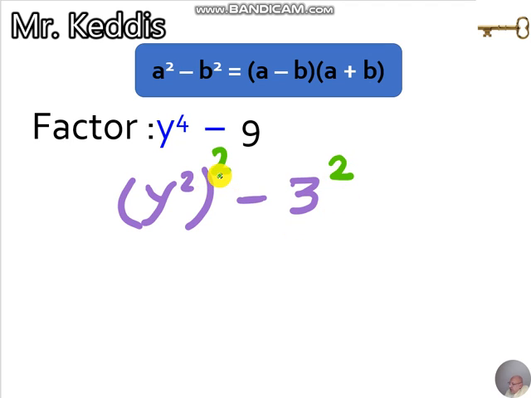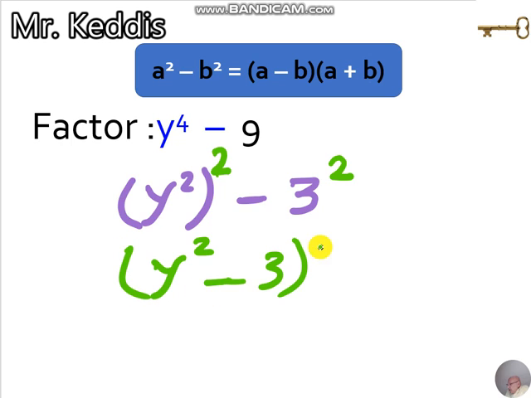Now this becomes the difference between two squares. When I factor this, I factor to a minus b, a plus b. A here is y squared, and b is 3. To factor, this is y squared minus 3 and y squared plus 3.